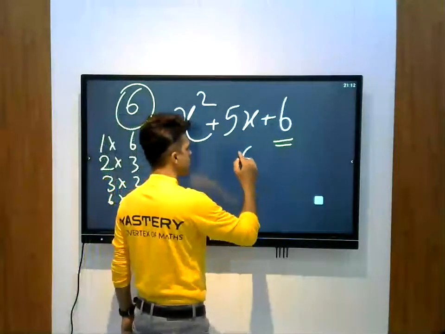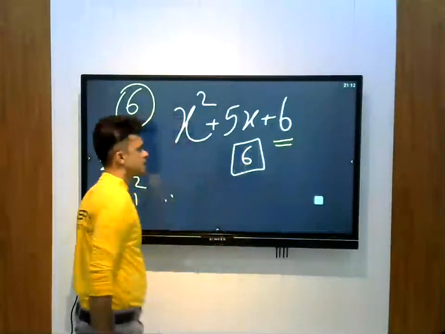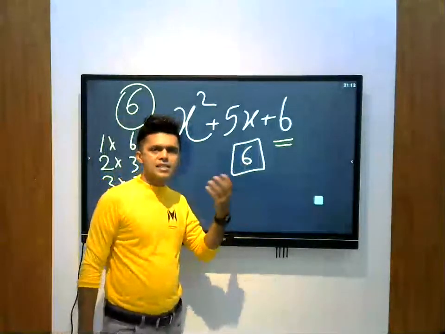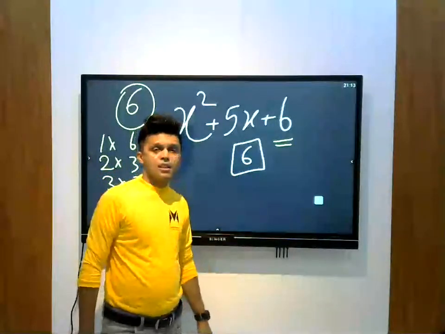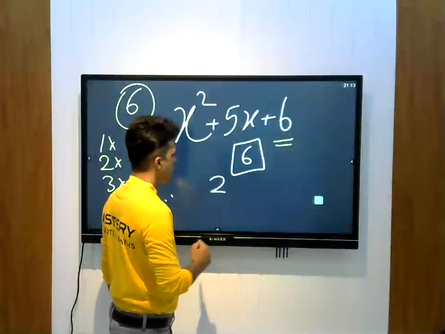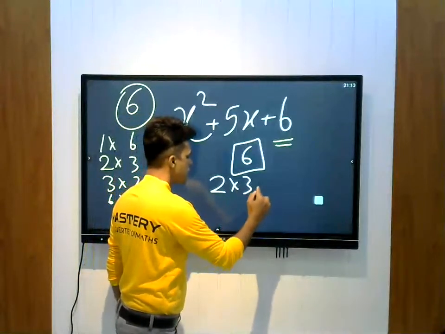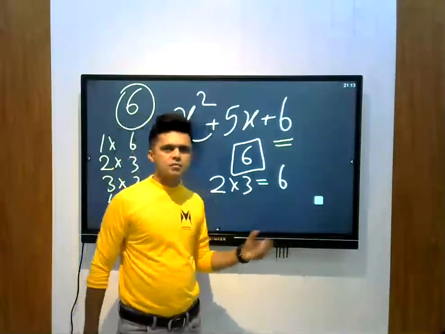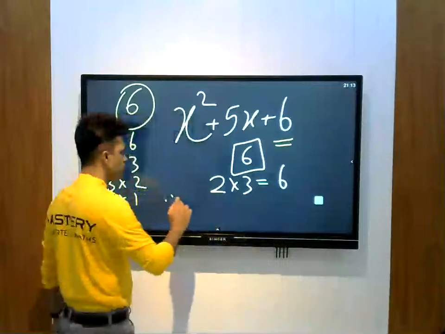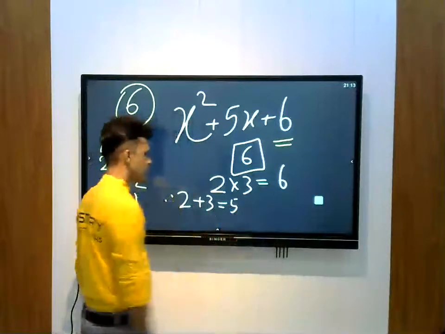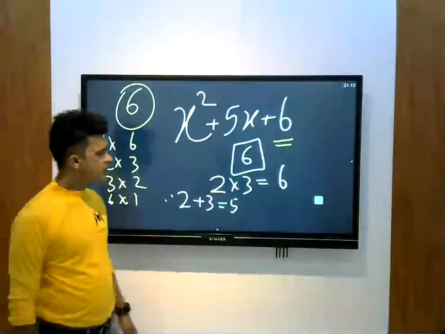Think of the 6. Let's get the factors of 6. This is 2 times 3. 2 times 3 is 6. Let's add these two digits separately, which means 2 plus 3. 2 plus 3 is 5.